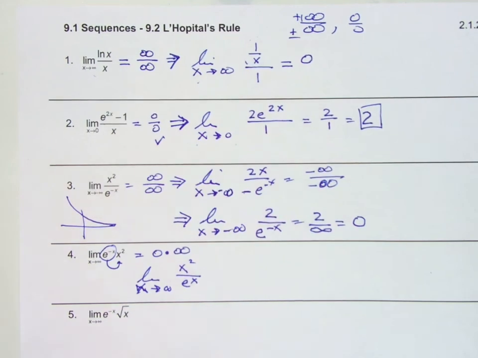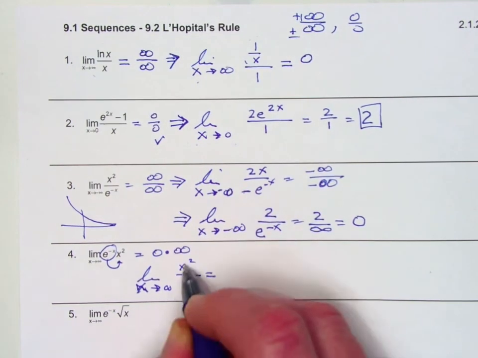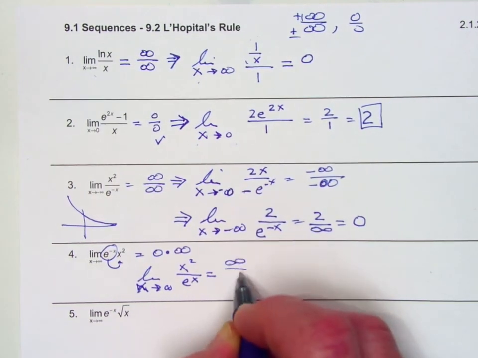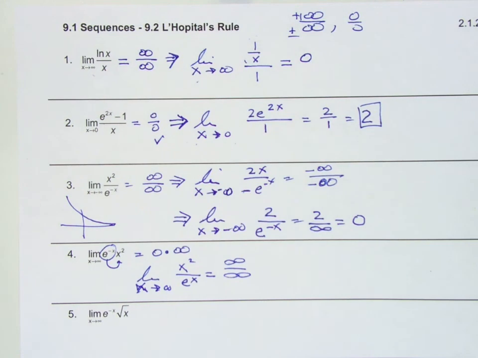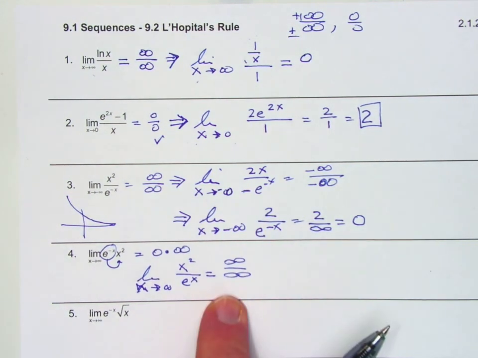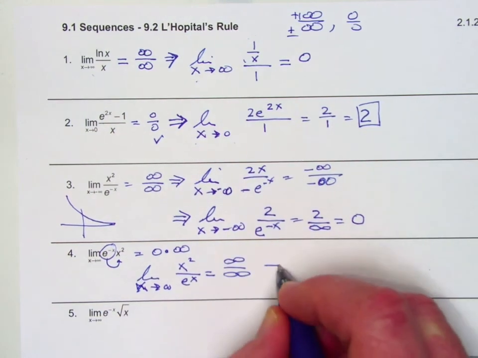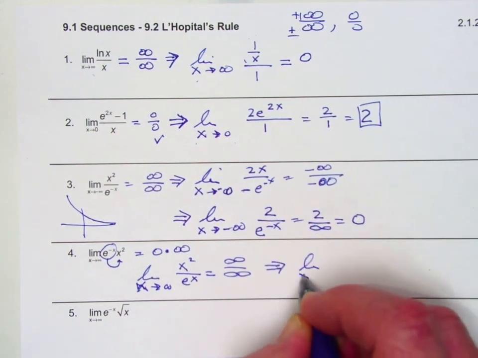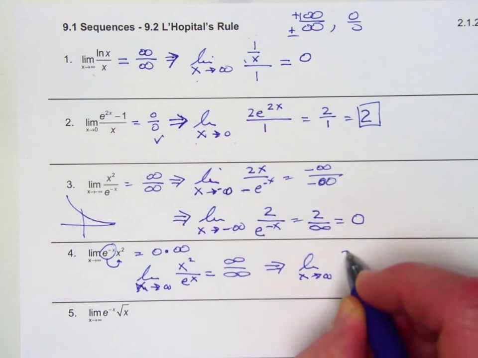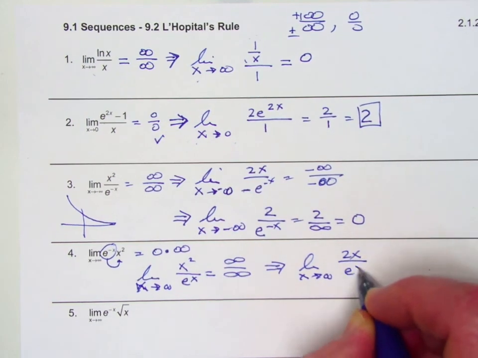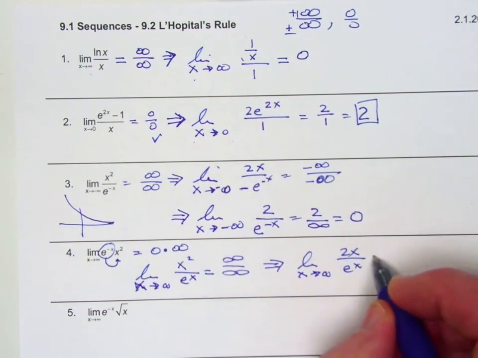Okay, so if I now substitute that, well, I get infinity over infinity. So what does that tell me? I can go apply L'Hopital's rule again. Okay, because by the way, we're going to positive infinity this time. So therefore I get the limit as x approaches infinity of 2x over e to the x, and lo and behold, I still get infinity over infinity.